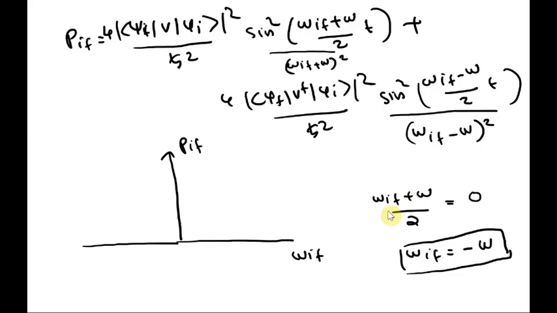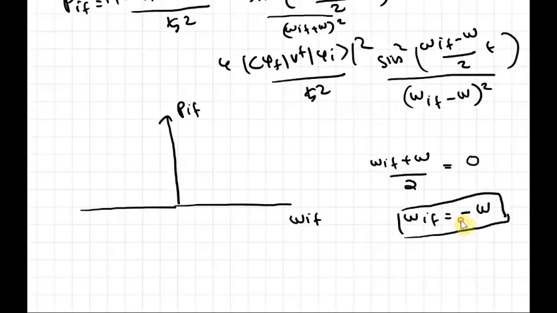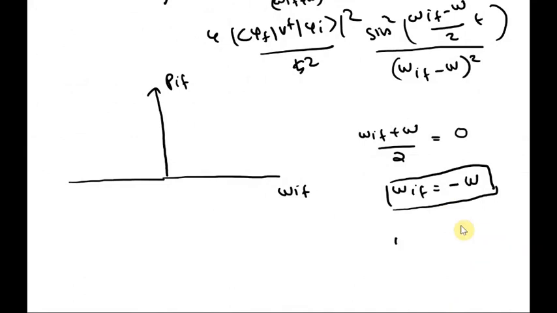That is, the angular frequency of your perturbation is matching with the angular frequency of the difference in energy of the states. h cross omega if is nothing but Ef minus Ei, or omega if is this divided by h cross.